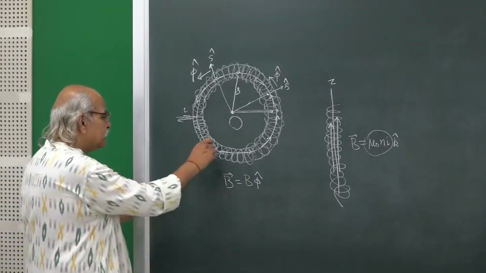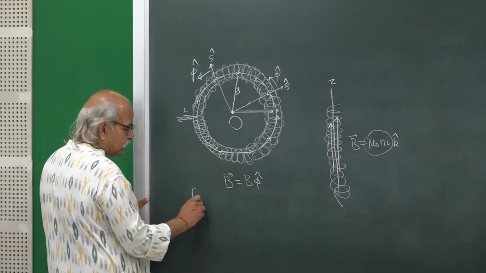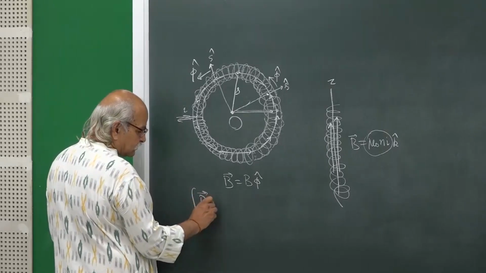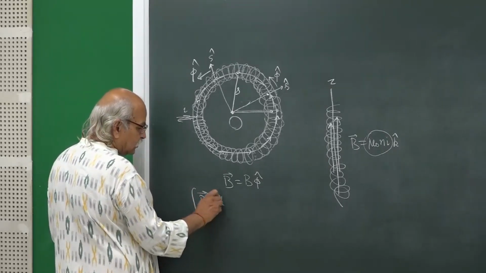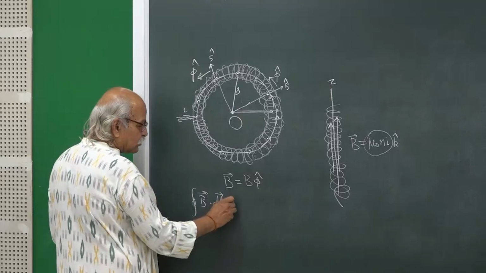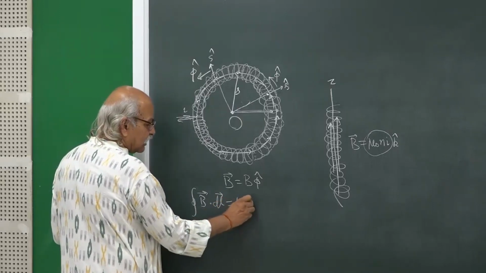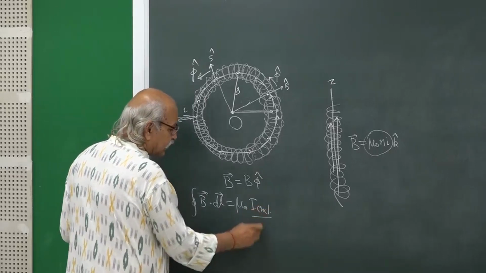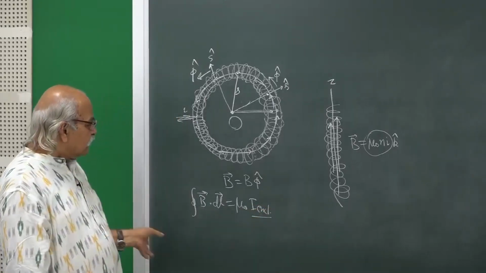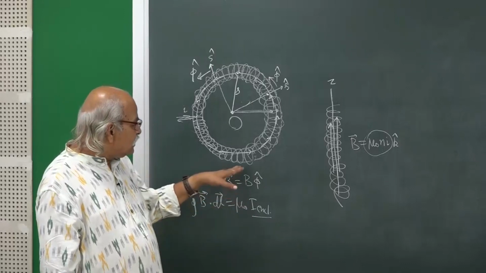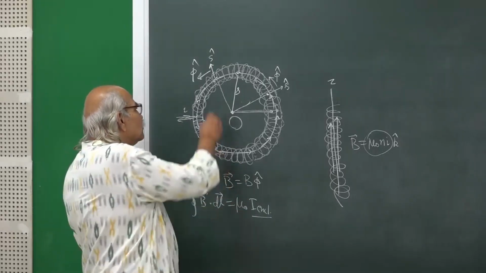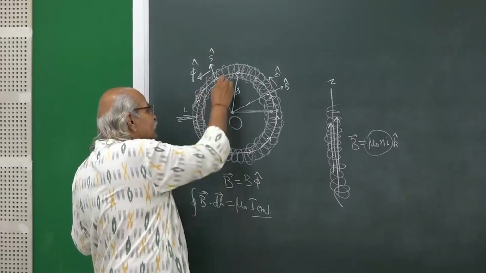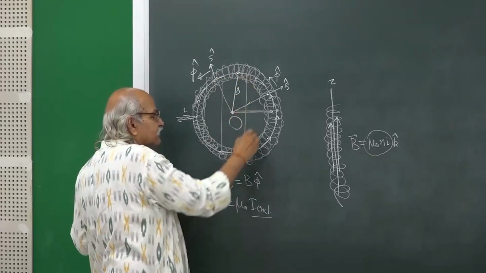On this we will be using Ampere's law, that is, the integral of B dot dl on the closed curve should be equal to mu naught times I enclosed. What is this I enclosed? Once again, the total current that passes through the area enclosed by the closed curve.